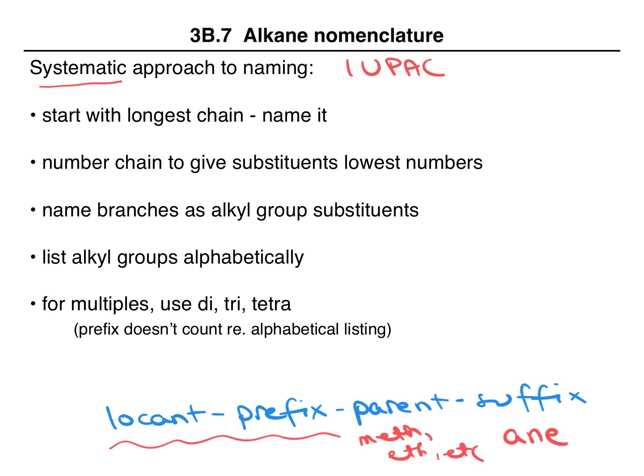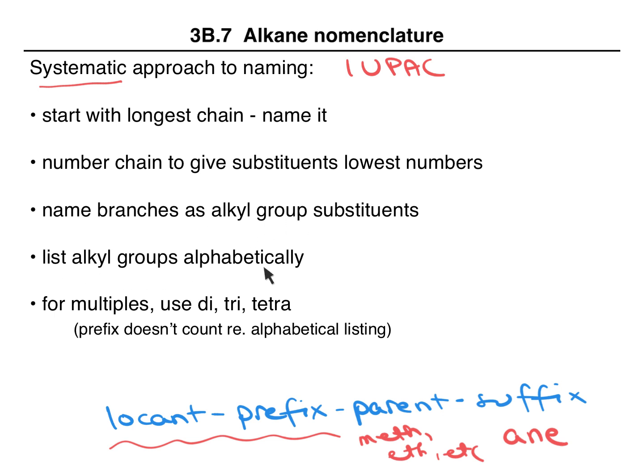So to use the IUPAC approach, we are going to start with the longest chain and name it. Then we want to number the chain left to right, right to left, up to down, however it gives any substituents the lowest numbers possible. Then once we have identified our substituents or our branches, we're going to name those branches as alkyl groups.